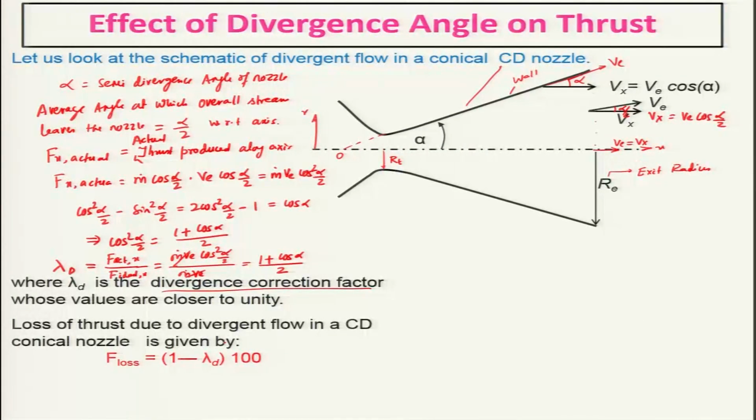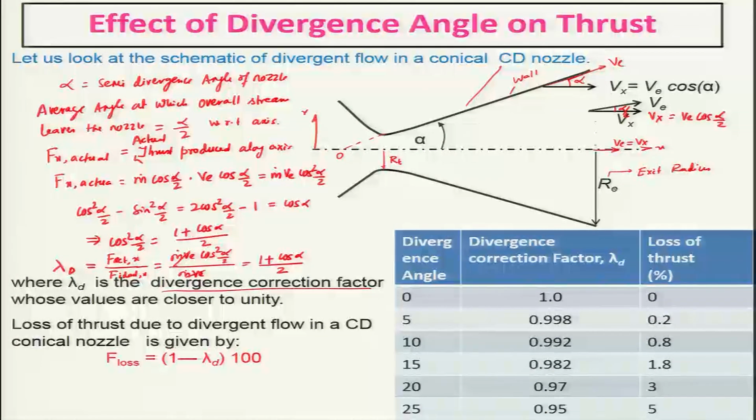If we take various angles and see what divergence factors and losses we have, at 0, as I told, the divergence correction factor is 1 and the loss of thrust will be 0. Of course, it is very difficult to achieve in a CD nozzle, but you can take a 5 degree divergence angle, that is divergence correction factor 0.998 and loss factor 0.2%, quite low.